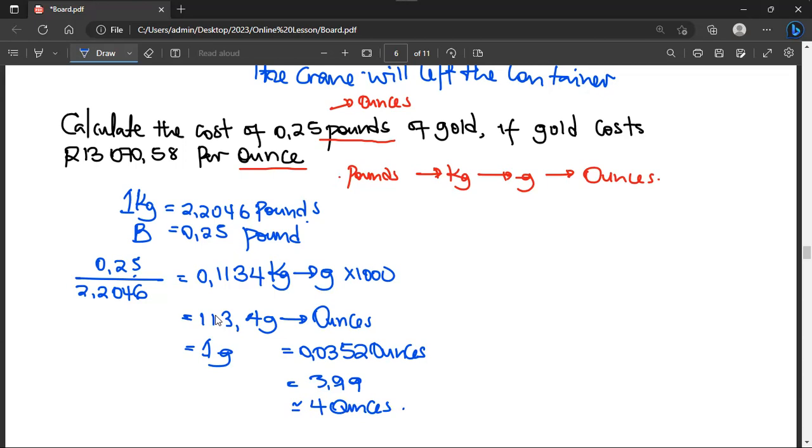Okay. So now we say we have ounces now. So remember, the question was determine the cost of this much. So we've changed the 0,25 pounds equivalent to 3,99 ounces altogether. So we need to know how much it will be, because now the cost will be these ounces that you've got here. Let me remove the 4.